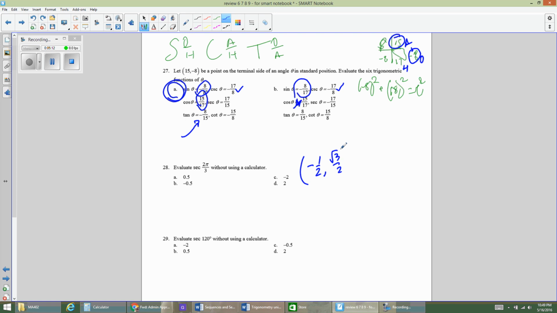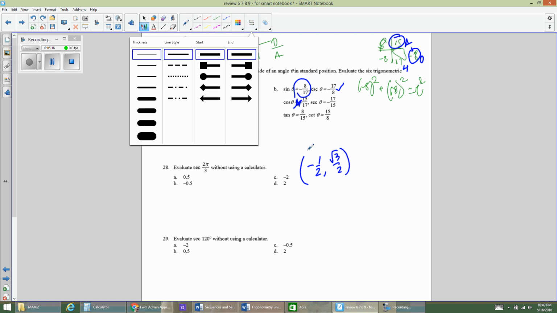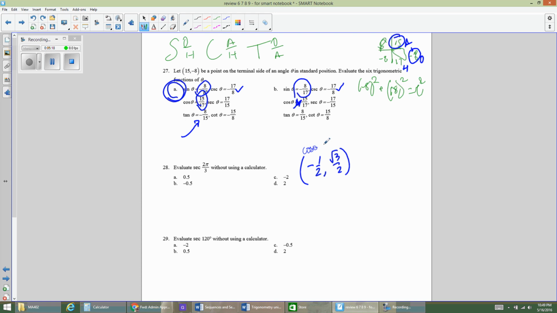Now, on your cheat sheet, what you need to know is that this one is cosine of theta, and this one is sine of theta. Now, they're asking for secant. We know that secant of theta is actually the reciprocal of cosine. So what's the reciprocal? Negative 2.